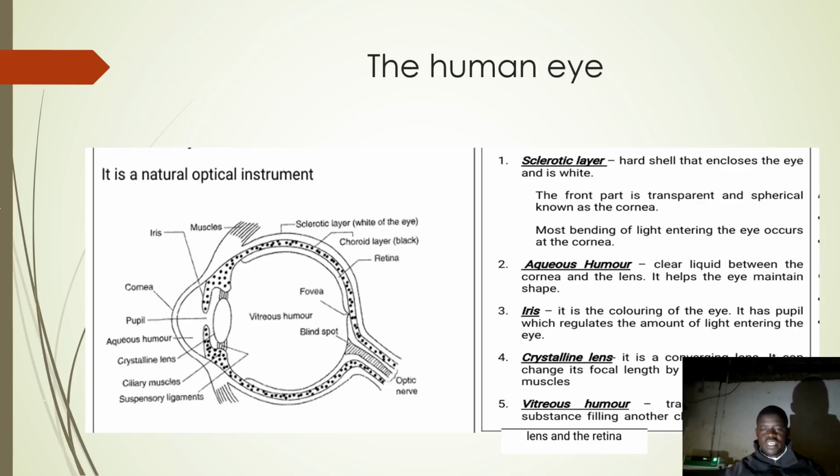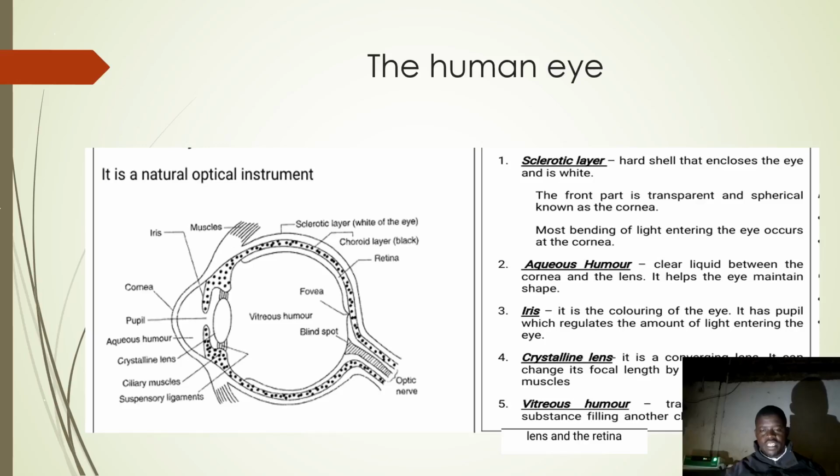We have the sclerotic layer. So this is just the hard shell that encloses the eye, and it is white. The front part is transparent and spherical, known as the cornea. Most bending of light entering the eye occurs at the cornea.